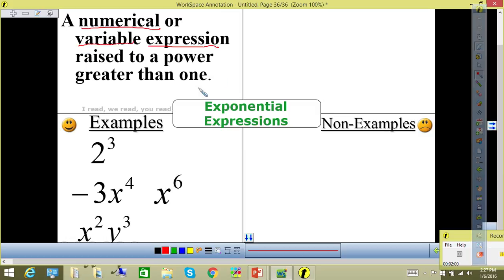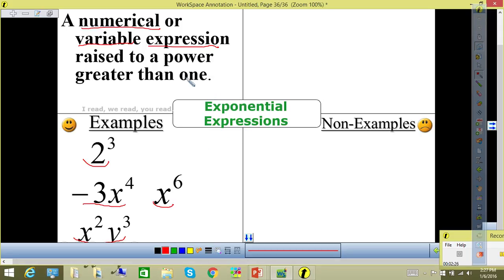De acuerdo a la definición, expresiones de exponentes tienen expresiones numéricas y variables. So let's see. This is only a number, therefore it's a numerical expression. This one has a number and a variable, so this is a variable expression. Variable expression, variable expression. Yes?